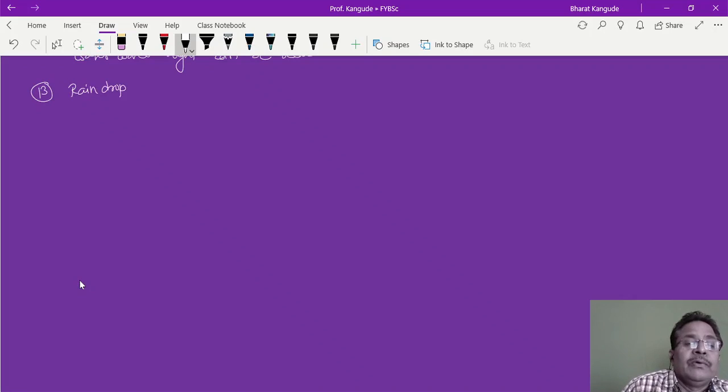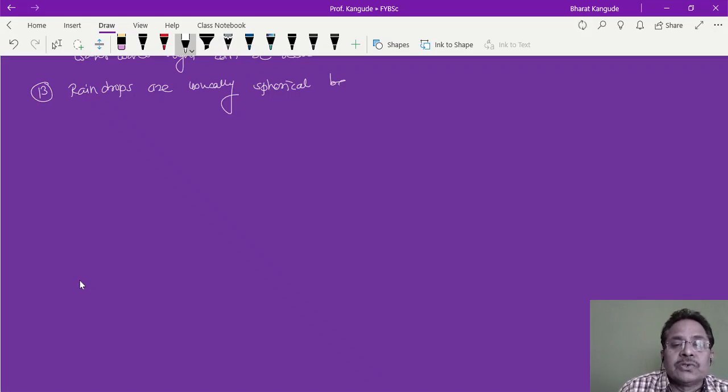Every one of you has seen this. Raindrops are usually spherical because of surface tension. This is not the only reason. You might have seen the process of condensation.